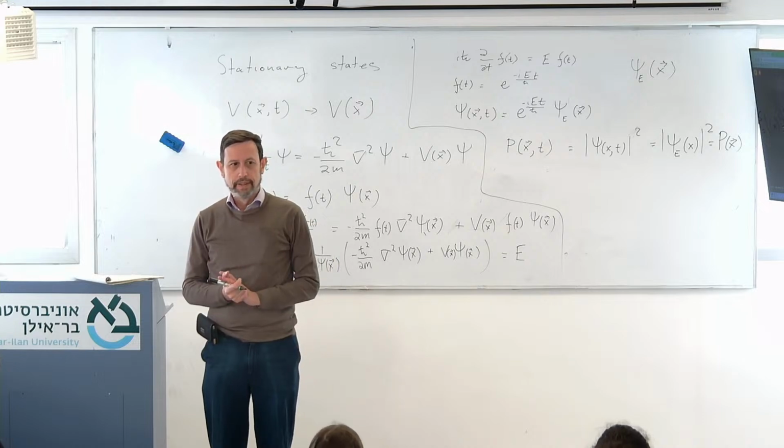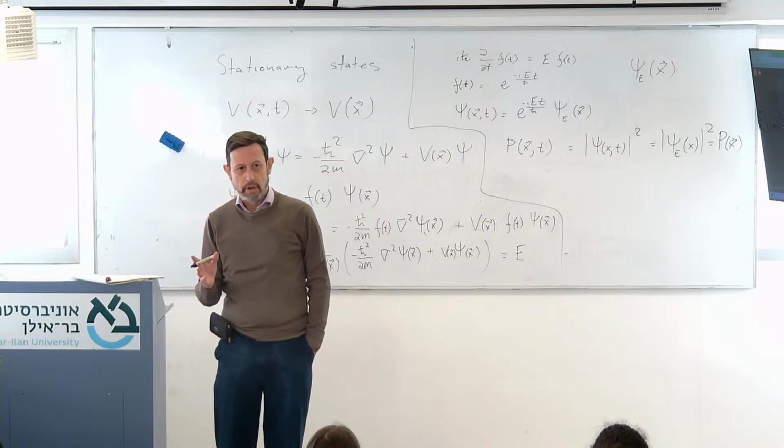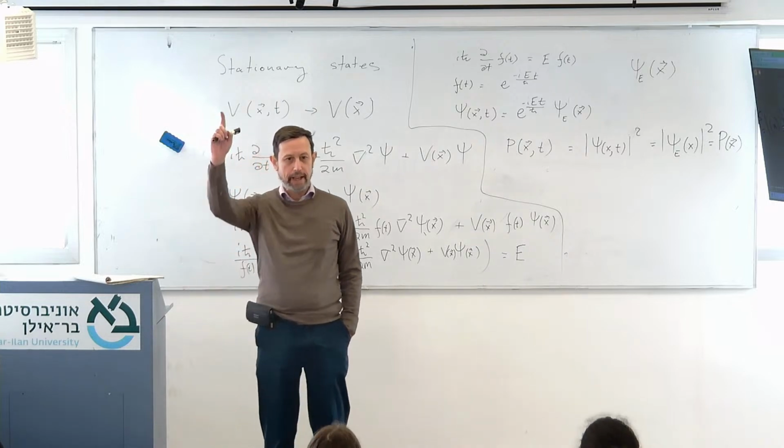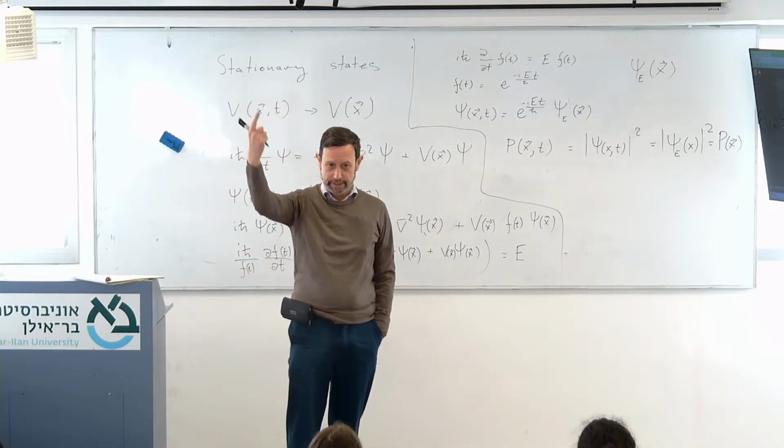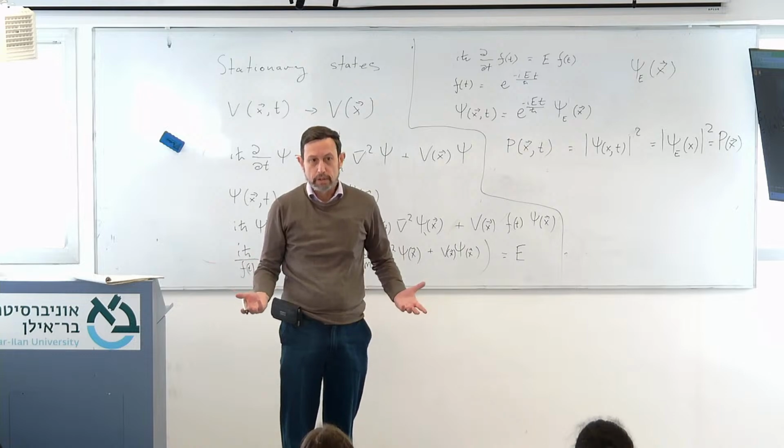So I can very easily tell you that if you had a picture of a hydrogen atom that has an electron orbiting the nucleus, it's rubbish.